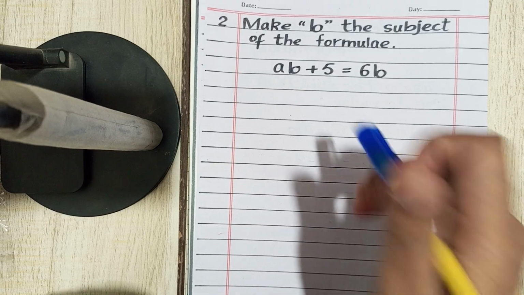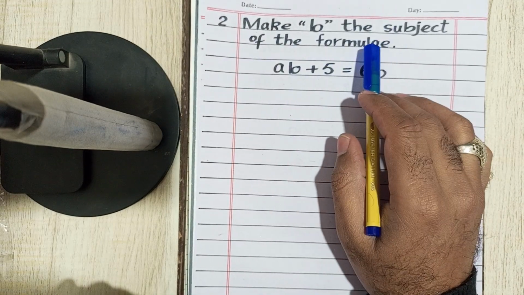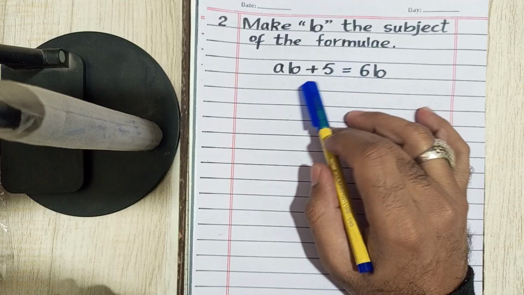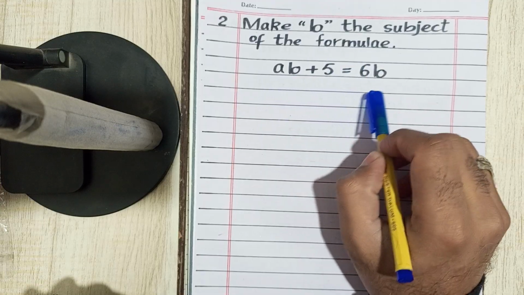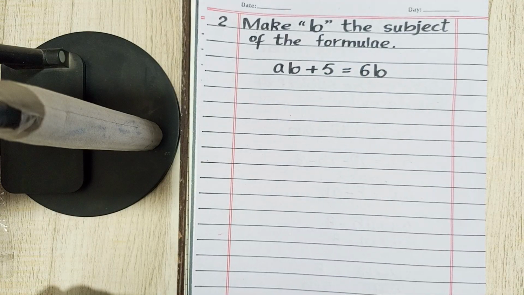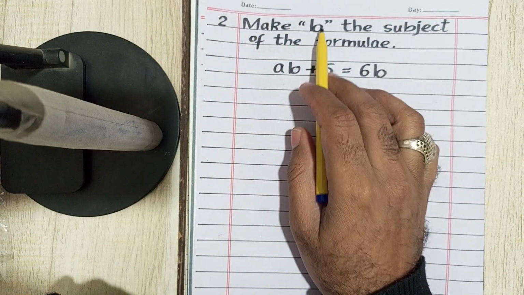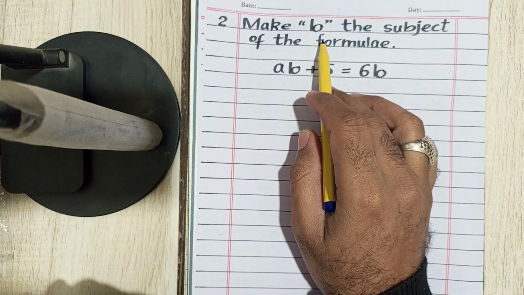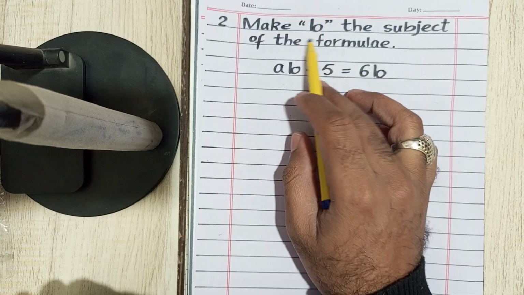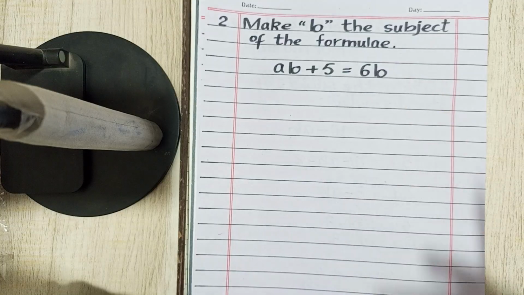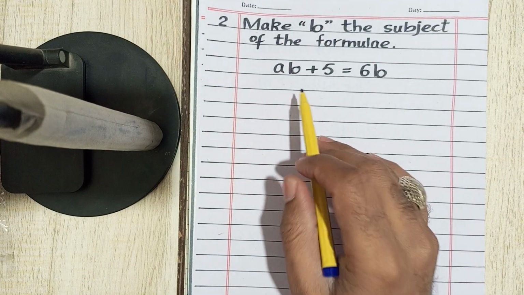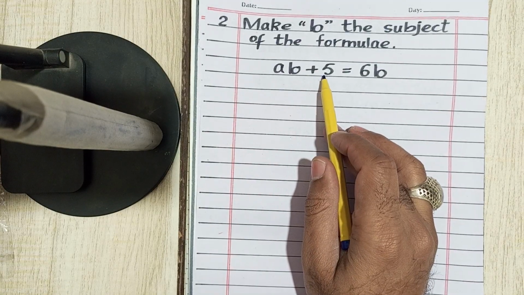Our next question: make B the subject of the formula, AB plus 5 equal to 6B. In this question, we want to calculate B, or we make the formula with respect to B. So here we have AB plus 5.